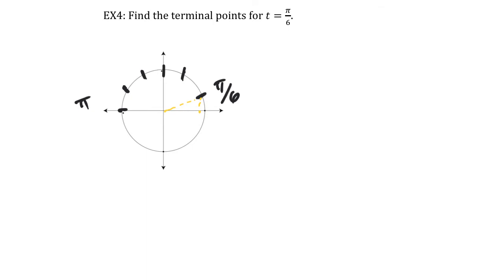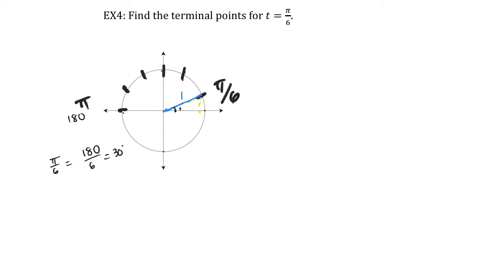Here is something I at least know. What's the radius of the unit circle? 1. The other thing that's helpful is, again, this was 180. So pi over 6 is taking that pi and splitting it into 6 pieces. That's the same as taking 180 and splitting it into 6 pieces.